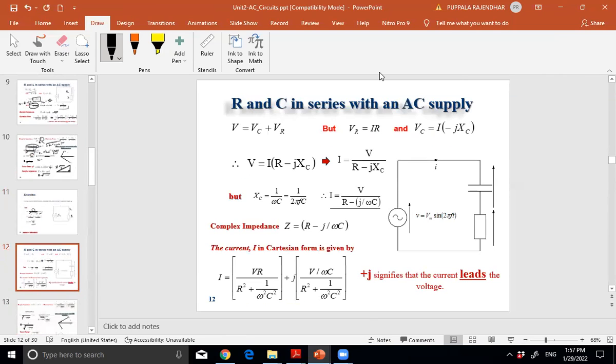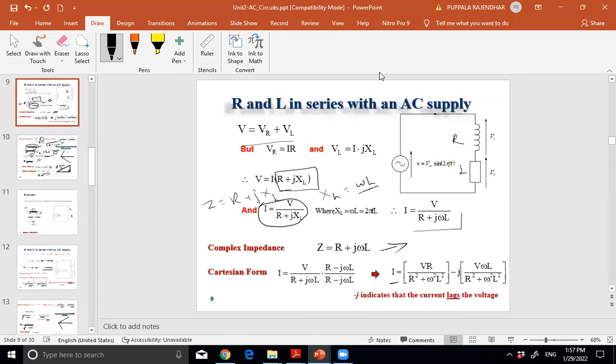Now for the RC circuit, just series circuits, this complete analysis starts from KVL only. Here V is equal to VR plus VC, applying KVL.